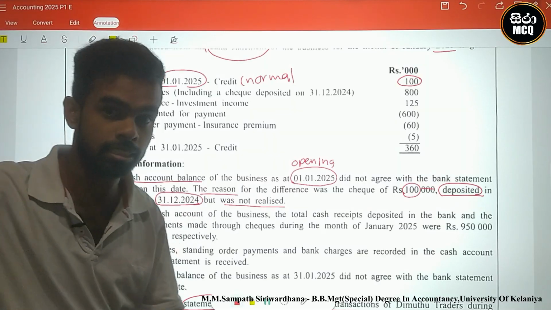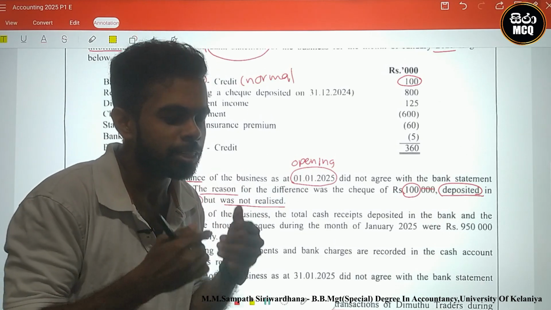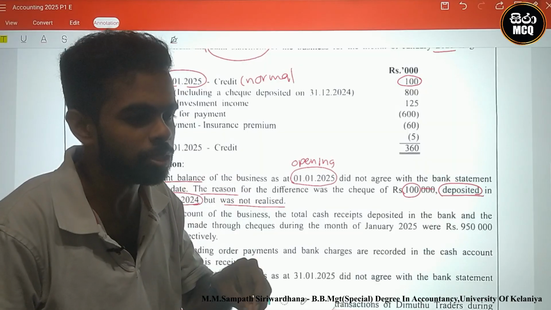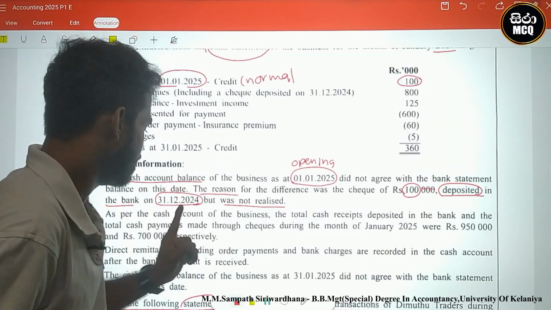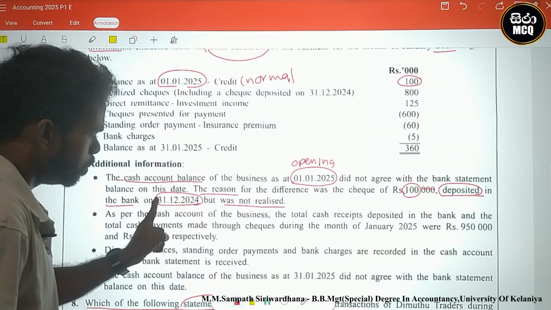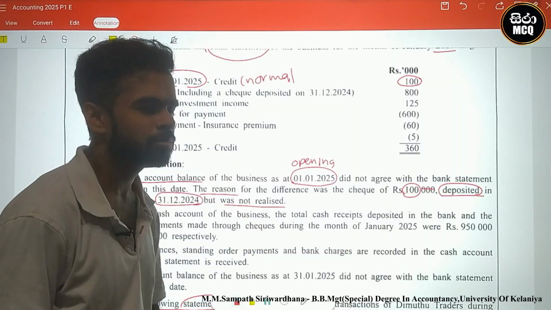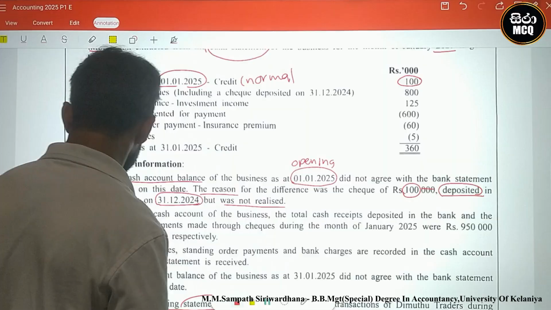Last year's closing date equals our current year's opening date. Therefore, it was deposited before closing, but not realized. Not realized means unrealized.